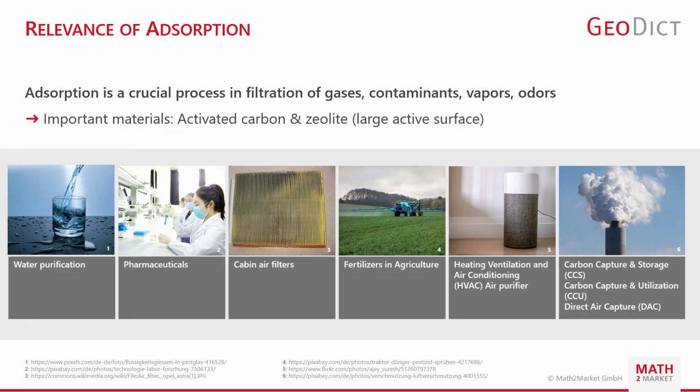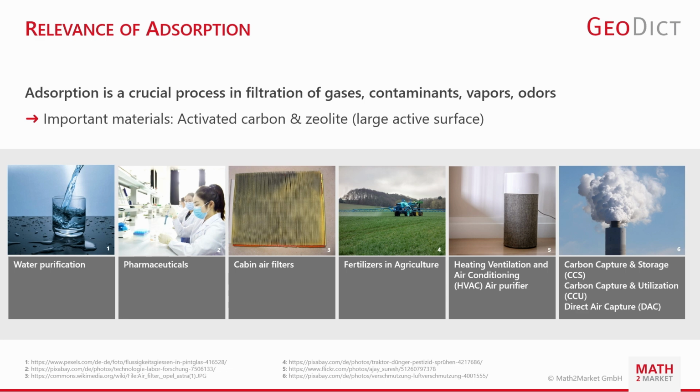In most of the applications, materials with large internal submicron surfaces like activated carbon or zeolites are used. For example, in agriculture, these filters protect farmers against fertilizers and pesticides, whereas our drinking water or wastewater also benefits from these materials. Cabin air filters and devices for personal protection protect human lives from gases like NOx or SOx.